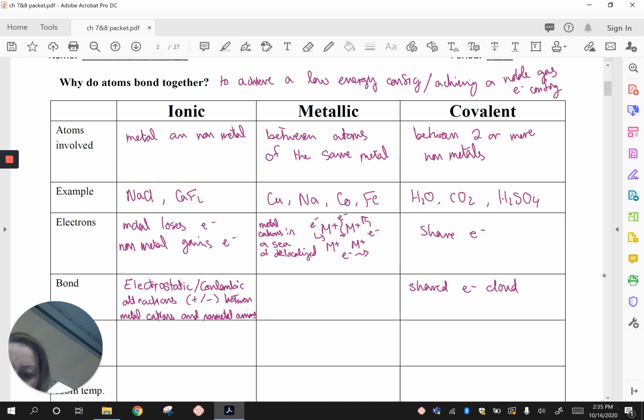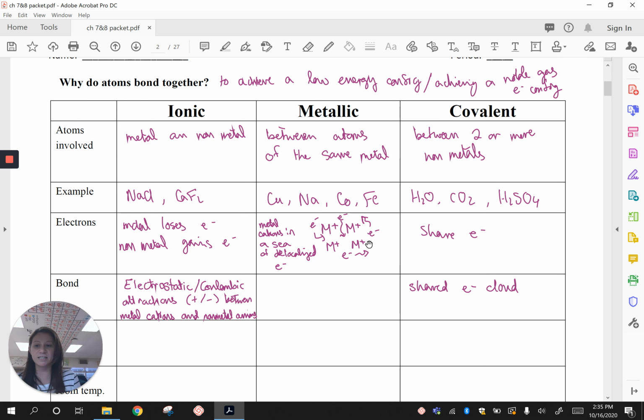Delocalized electrons. What does that mean? Delocalized means they don't have a locality, they don't have a certain spot that they should be in. Those electrons are delocalized, they're moving around everywhere. So they are moving around from one cation to the other, but nobody really wants them.